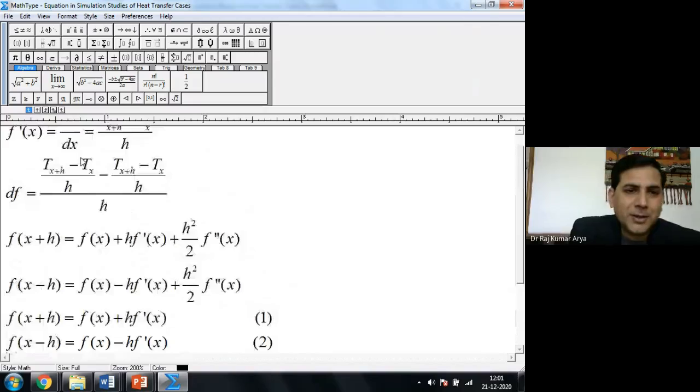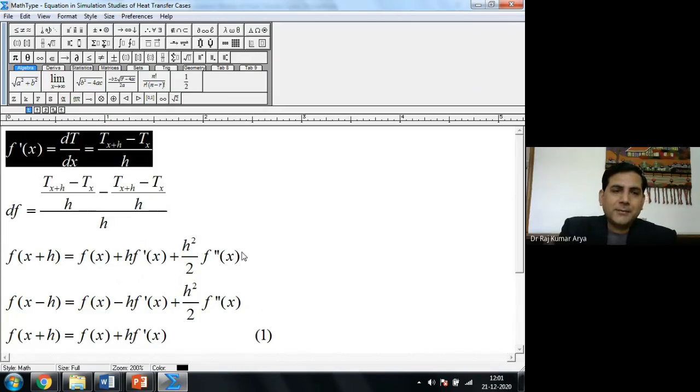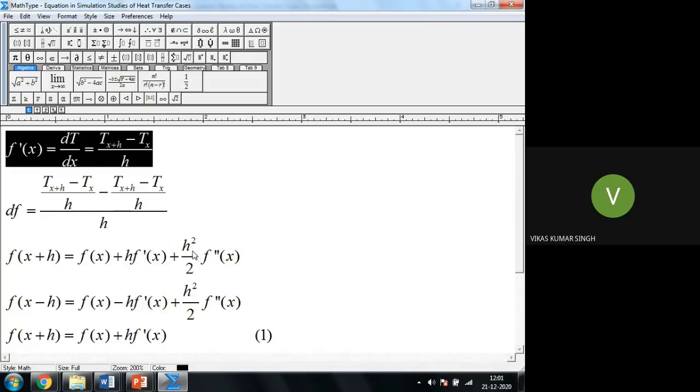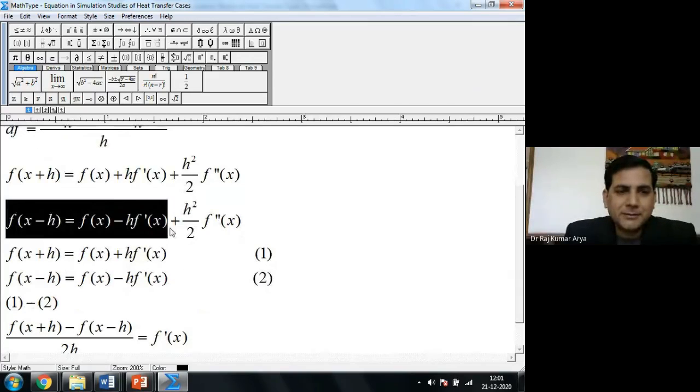The previous one you were just calculating here was the first derivative based on your forward difference. If you calculate from here this one, your f dash x, that is your first derivative based on your backward difference.